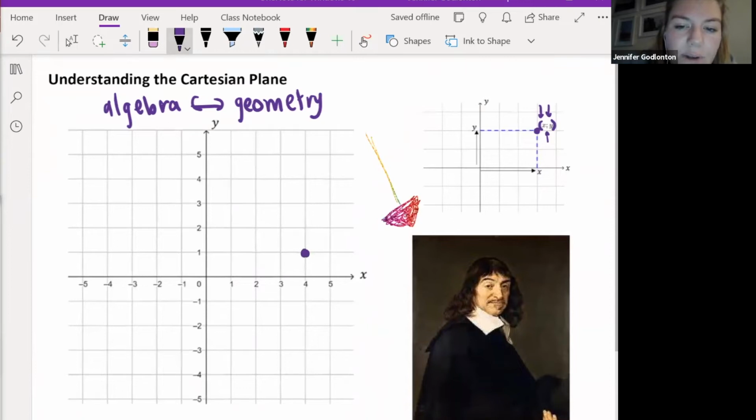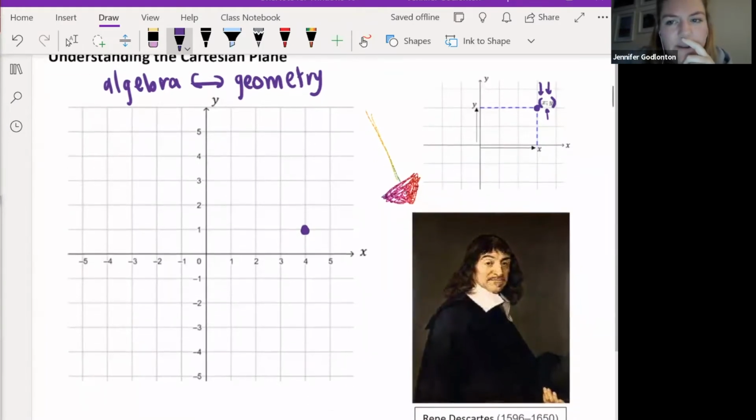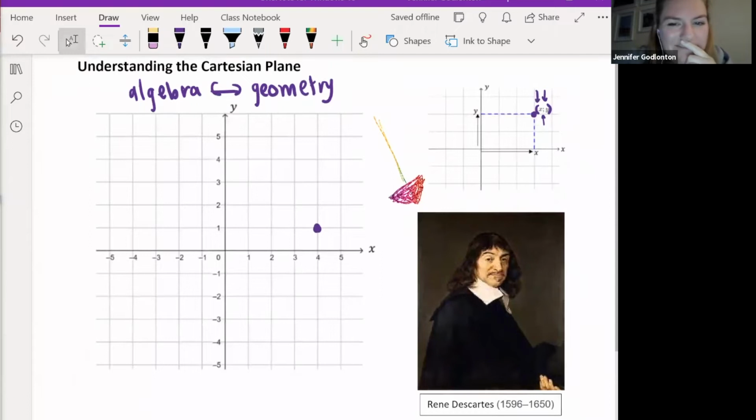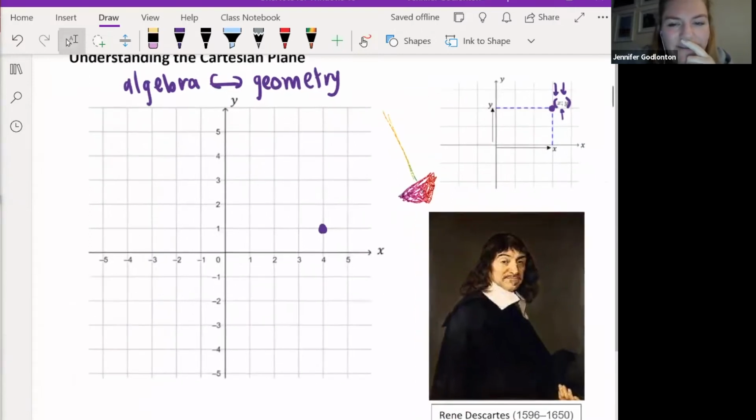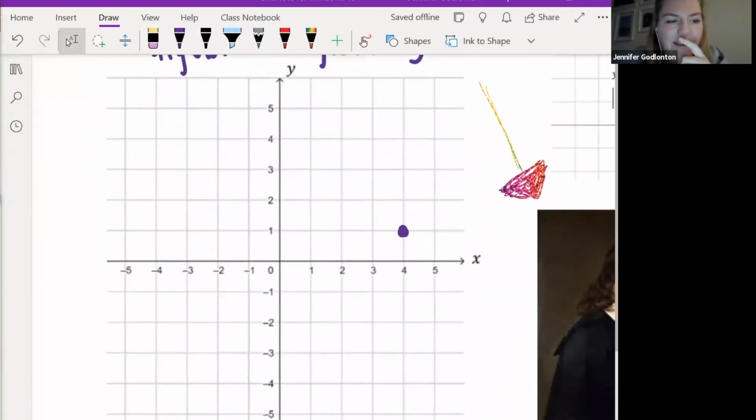So for example, if we were looking at this point over here, who can give me the coordinates of that point that I have just drawn? Who can give me those coordinates? So have a look at what its x value is, have a look at what its y value is. Okay, Anam, it's great. What's missing?